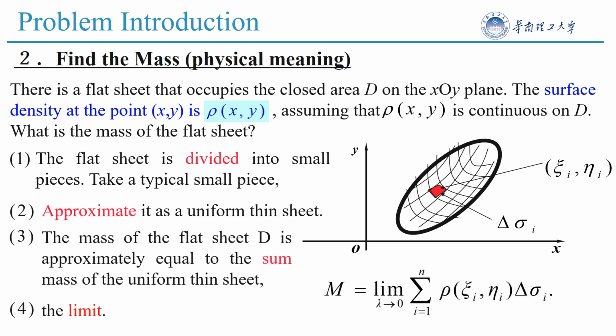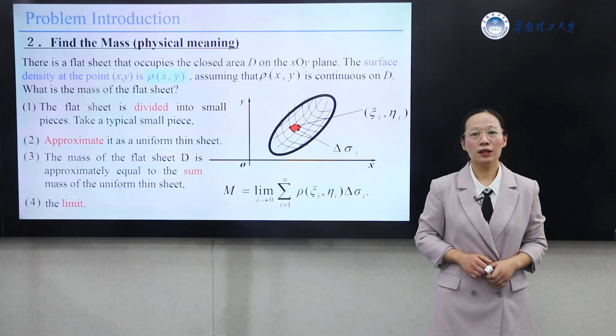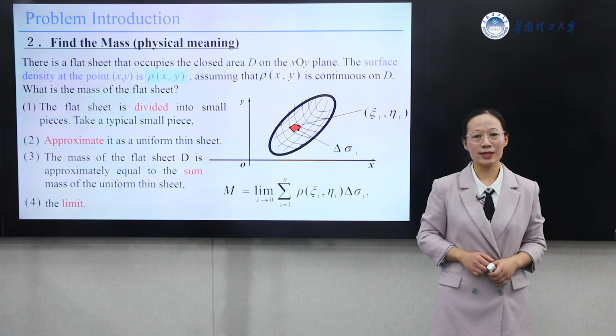Step 3. The mass of the flat sheet D is approximately equal to the total mass of the uniform thin sheets.